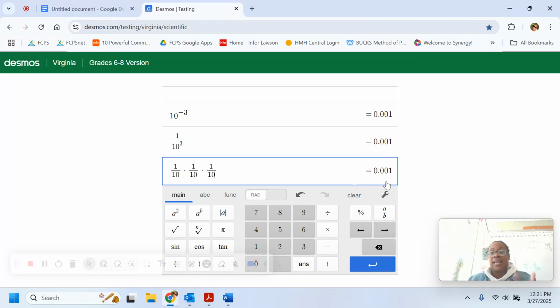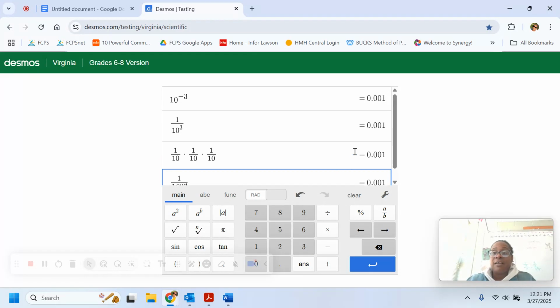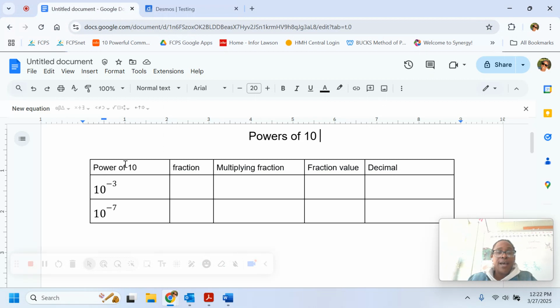If you notice, anything that we're trying, the decimal value is going to match. And then we could even type in 1 over 1,000. All of these match, which means that they are matches for 10 to the negative 3. So use Desmos to your advantage. Okay? All right, let's go back.